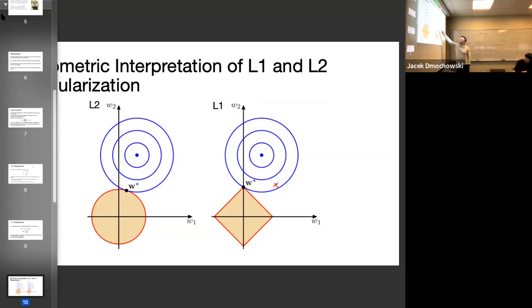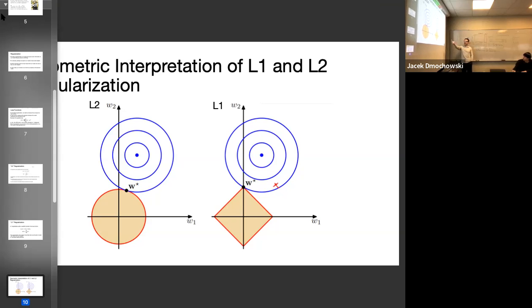Because the function is getting bigger this way. And the problem is that the circle extended here. But because of the diamondness of this contour, you end up picking something where the W1 coefficient is 0, right?